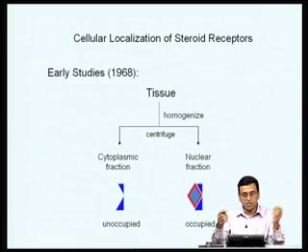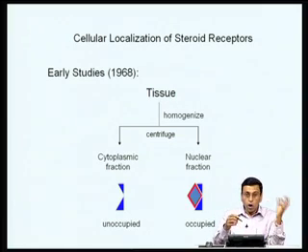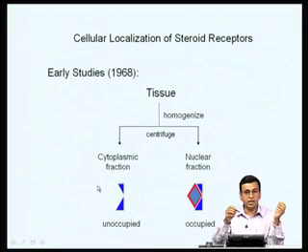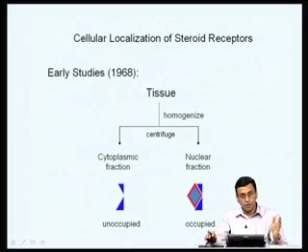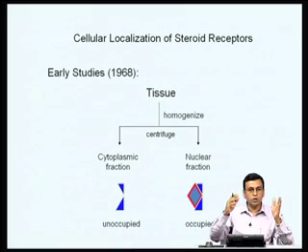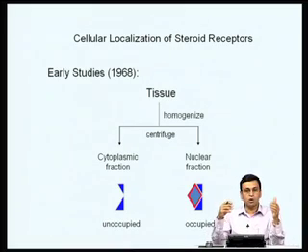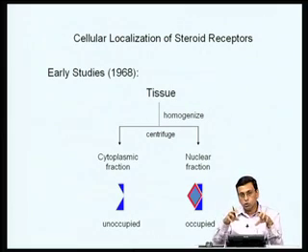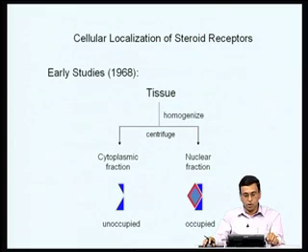Based on such studies, people showed that when there is no hormone, this binding protein is present in the cytoplasmic fraction, but the moment you add hormone, this activity shifted to the nucleus. So, these kinds of biochemical studies started giving an idea of how these molecules bring about physiological response, and they clearly told that these molecules actually enter inside the cell and bind to specific intracellular proteins.